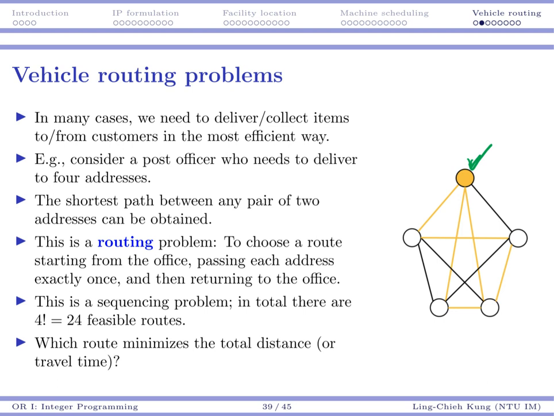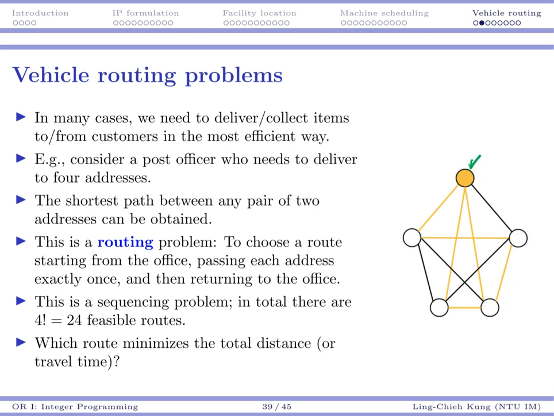And what I want is for this particular route to have the minimum distance. So this is a particular route, right? I finish all these 4 points and then go back to my office.